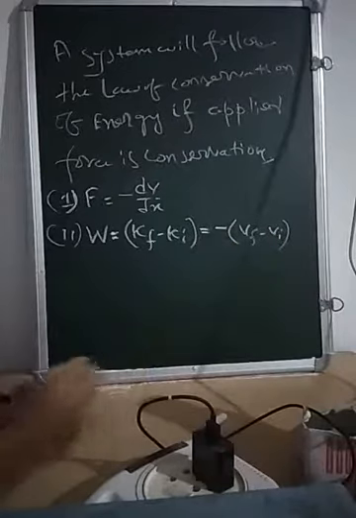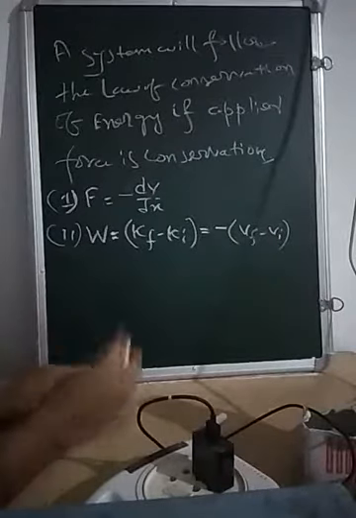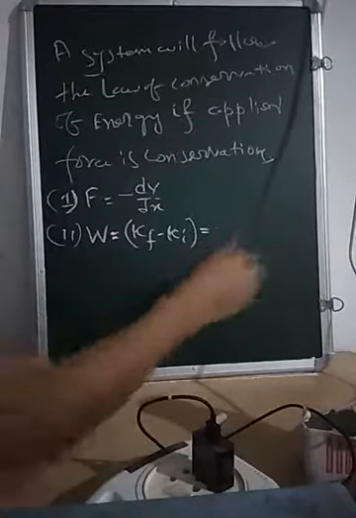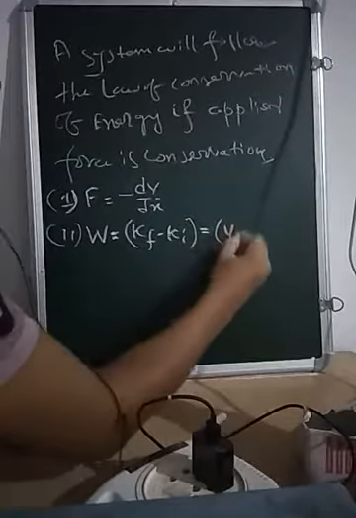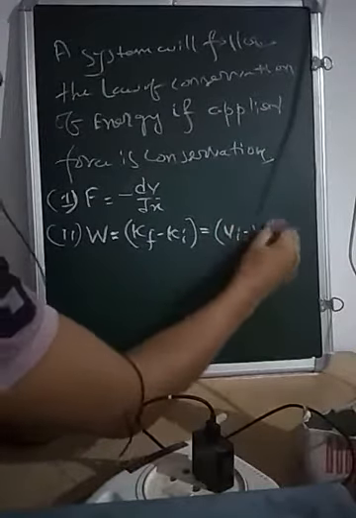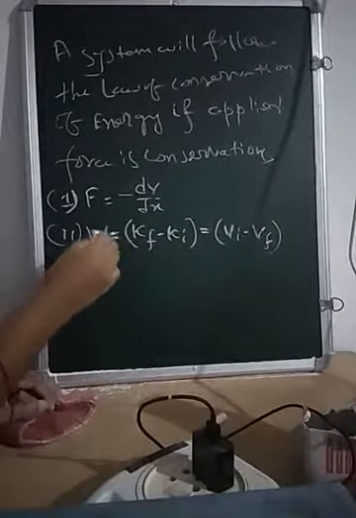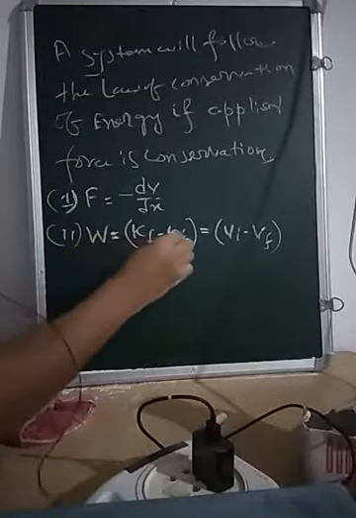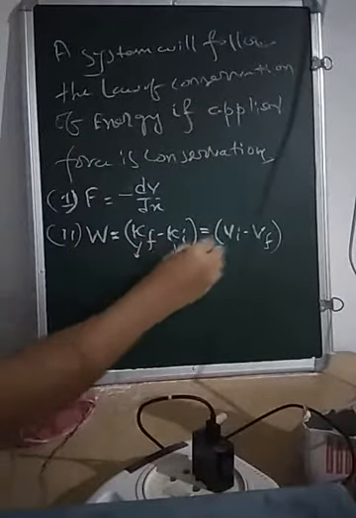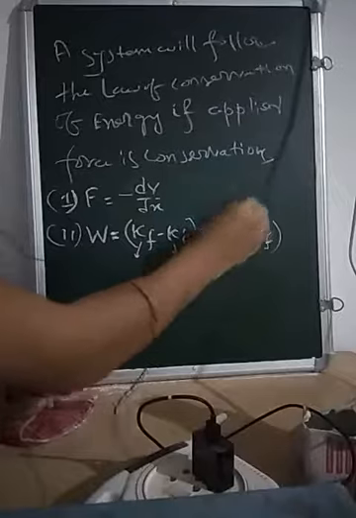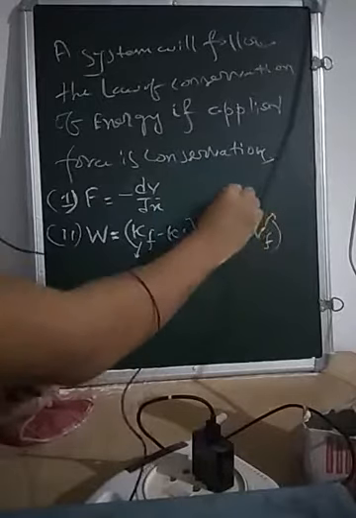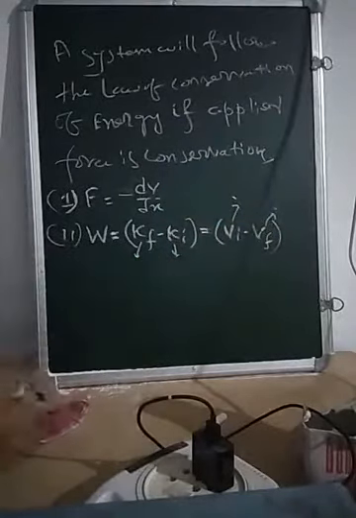So the work done by a conservative force is Kf minus Ki, or Vi minus Vf.